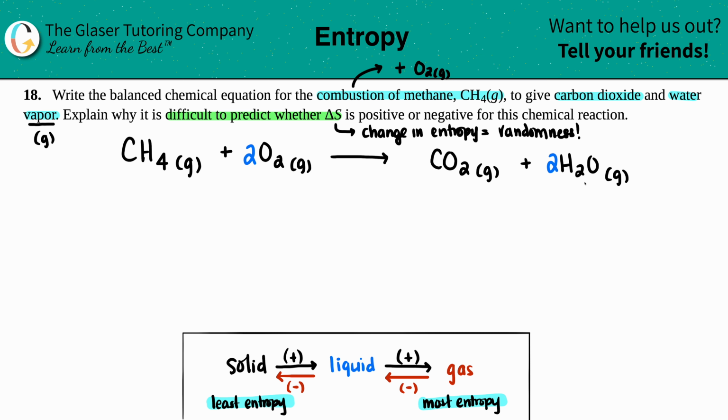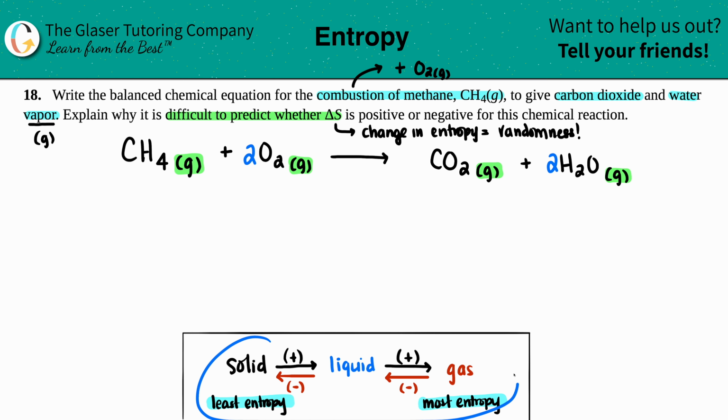Now, when we're talking about that, we talk about the states. So in this case, for entropy, it actually doesn't matter that you have CH4, O2, CO2, and H2O. What really matters is that you're talking about the states. And in this case, all across the board, you have gas, gas, gas, and gas.